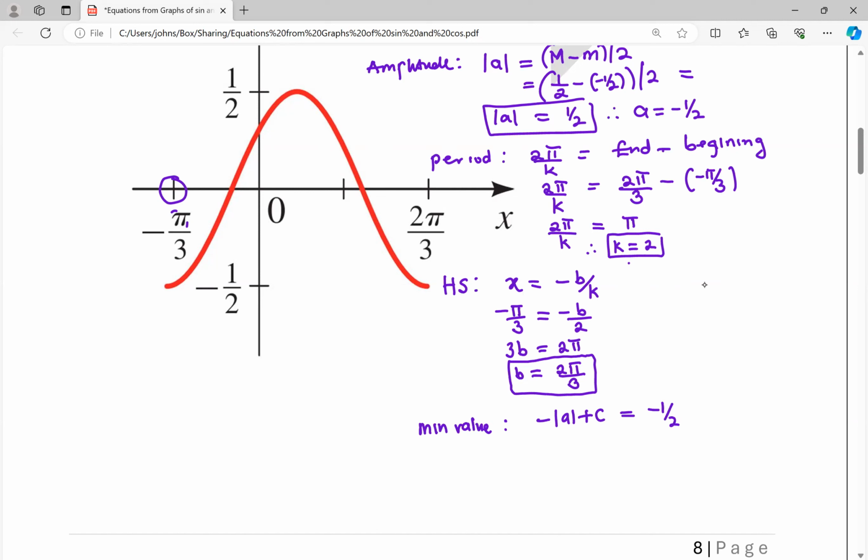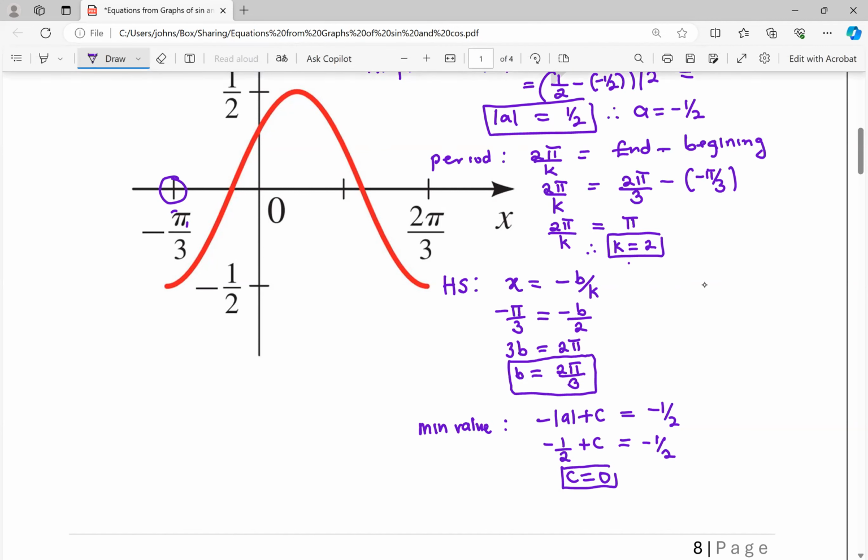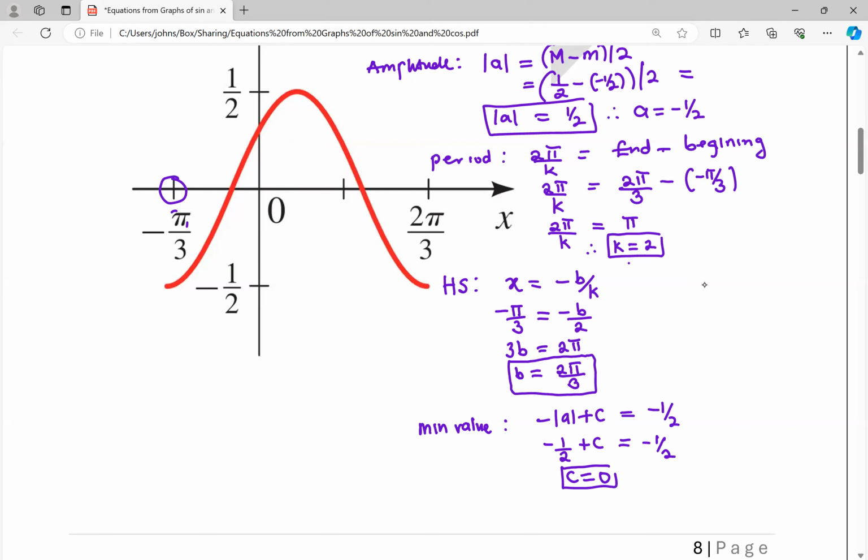Remember, in the first example, we used the maximum value, which is just absolute value of A plus C. But here we are using the minimum value, which is minus absolute value A plus C. Now, what is absolute value of A? Absolute value of A is half. So this will be minus half plus C equals minus half. Clearly, C is equals to 0.